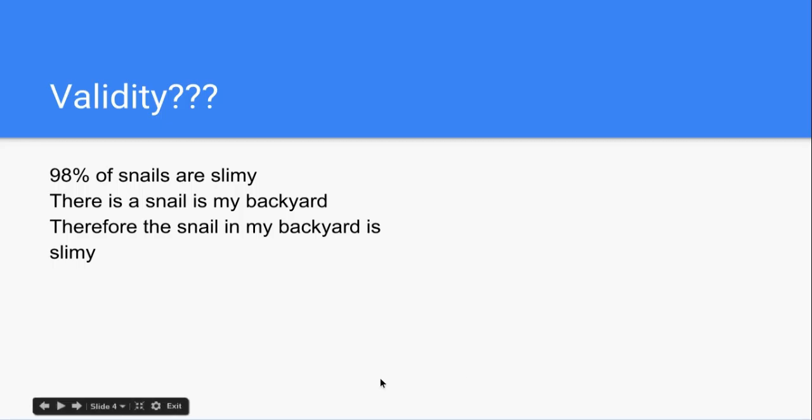So, it's certainly quite a good inductive argument. Given the probabilities involved, it's pretty likely the snail in my backyard is slimy. The premises certainly support the conclusion, but they can't guarantee it by logic through the form of the argument. We cannot infer the conclusion from the premises via logic.